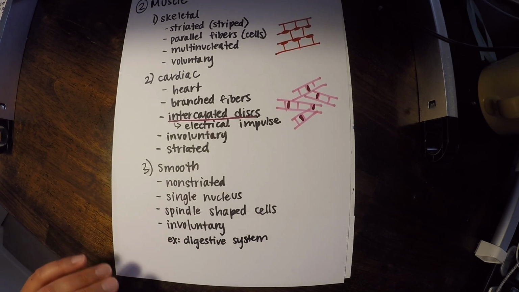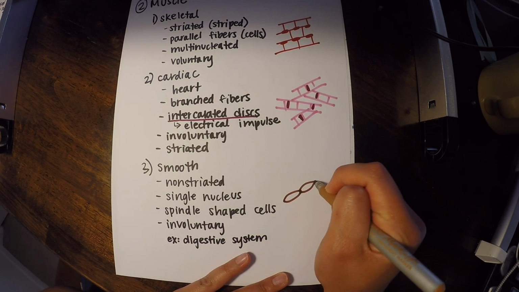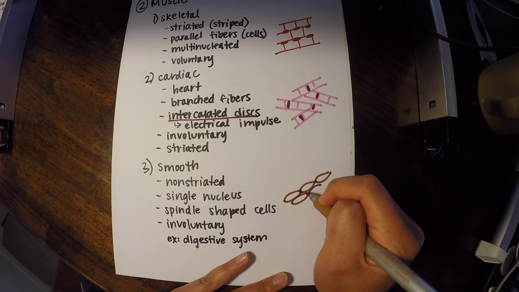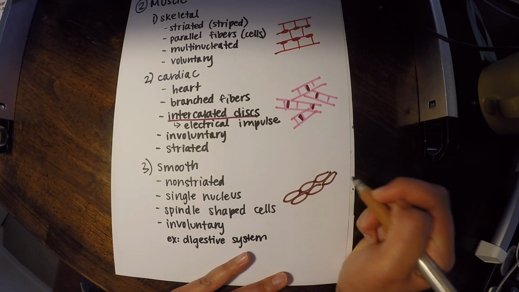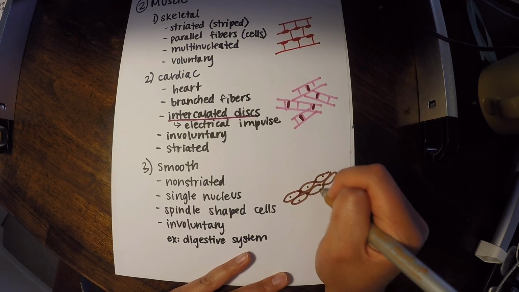And let's also draw these out. So remember, spindle shaped, so they're going to be shaped like this. And each one is only going to have a single nucleus.